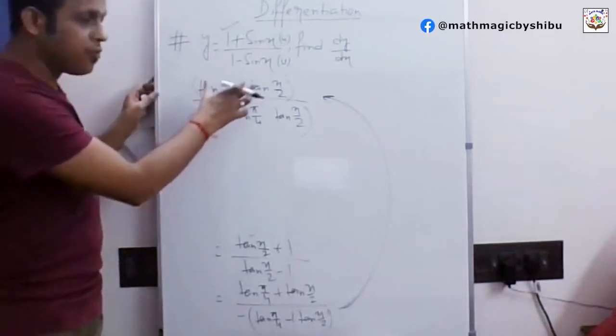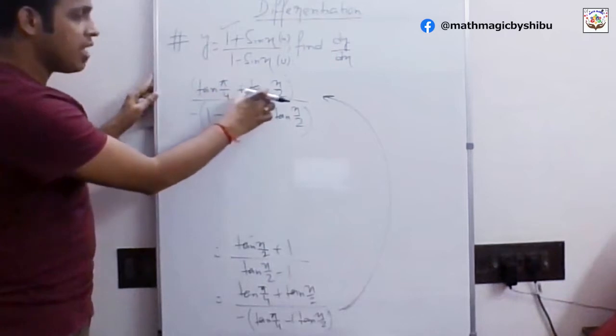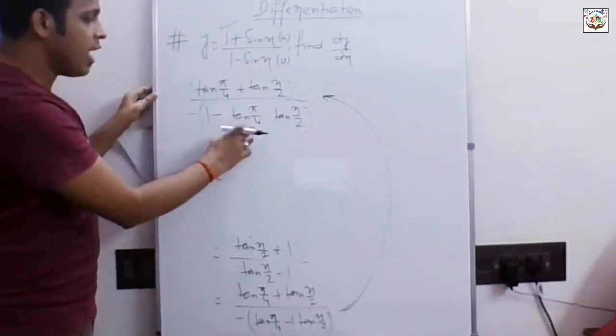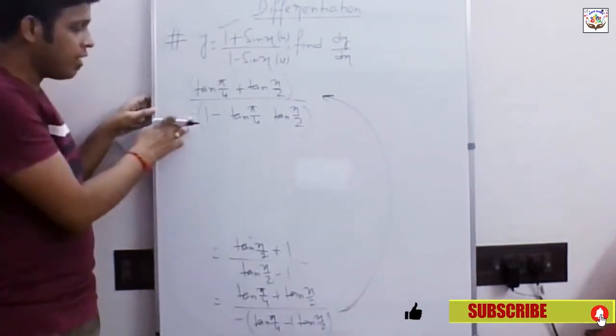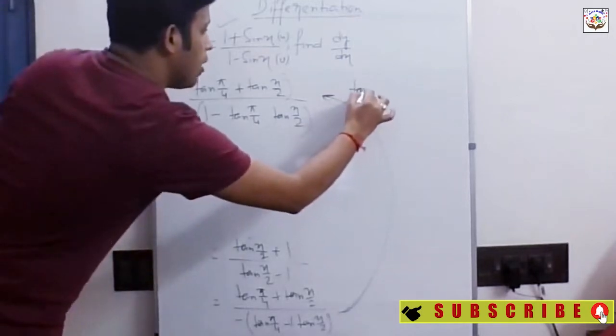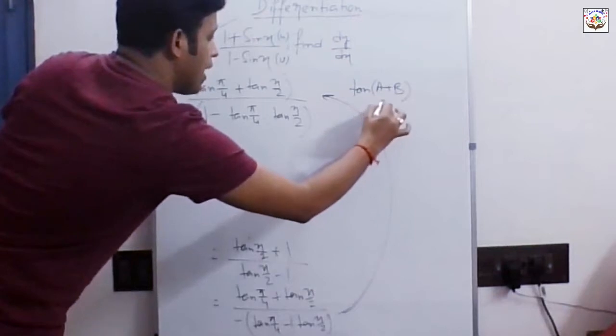So why am I trying to push that 1 in terms of tan pi by 4? Because this is a formula of tan: tan A plus tan B divided by 1 minus tan A into tan B equals tan A plus B, and in the beginning there will be a minus. This is the formula of tan A plus B, where A plus B is the angle.